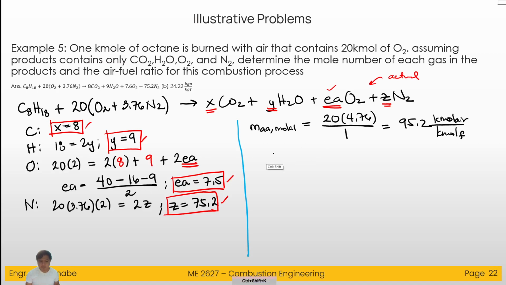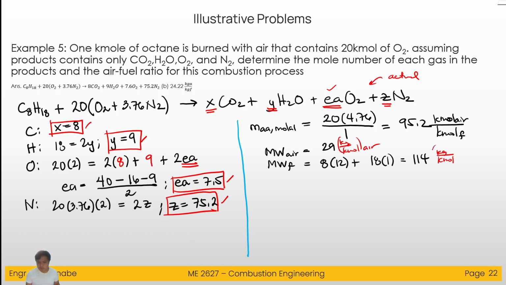Then we say that the molecular weight of air is equal to 29, and the molecular weight of the fuel, or I'll just write F here, is 8 times 12 plus 18 times 1. So this will be 114. This is in kilogram per kilomole of air, and kilogram per kilomole of fuel.